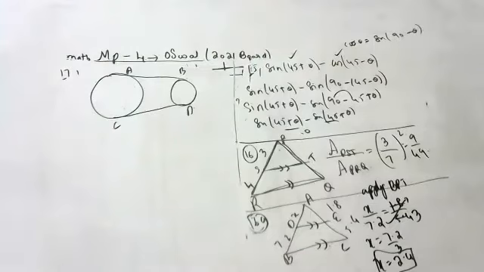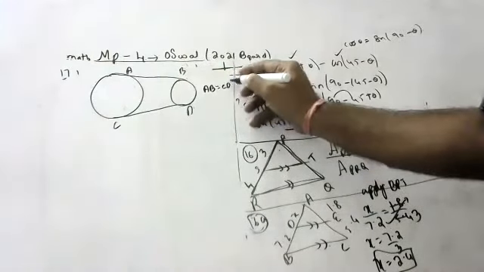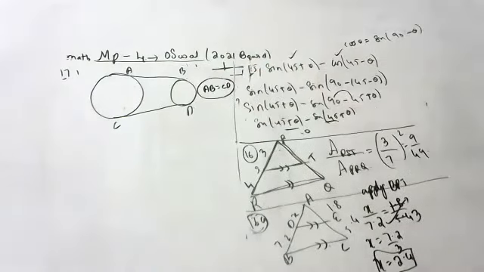Prove that AB is equal to CD. Can you try? You have to prove that AB is equal to CD.